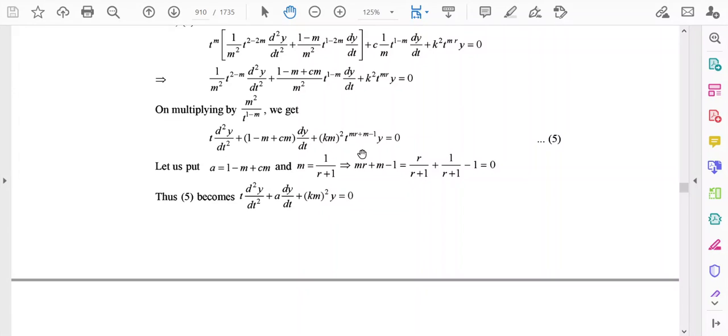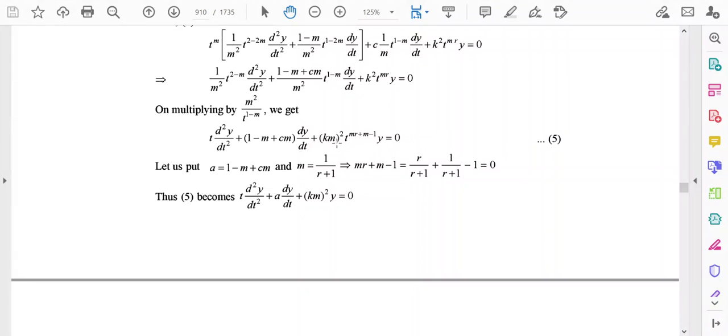So how to keep that? You see that after multiplying by m square by t to the power 1 minus m, we have obtained km whole square. This term is constant, so there is no problem here, because we are writing km in place of k. In the previous equation there was no m, it was k square only. So in this equation we have to write km in place of k.